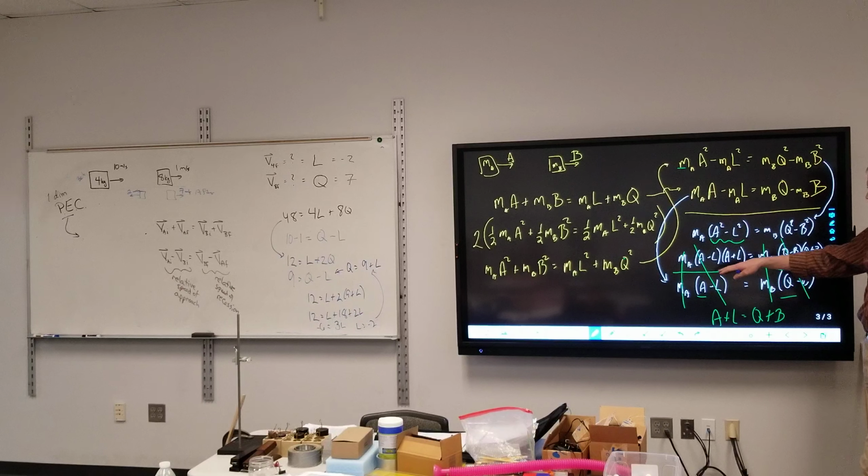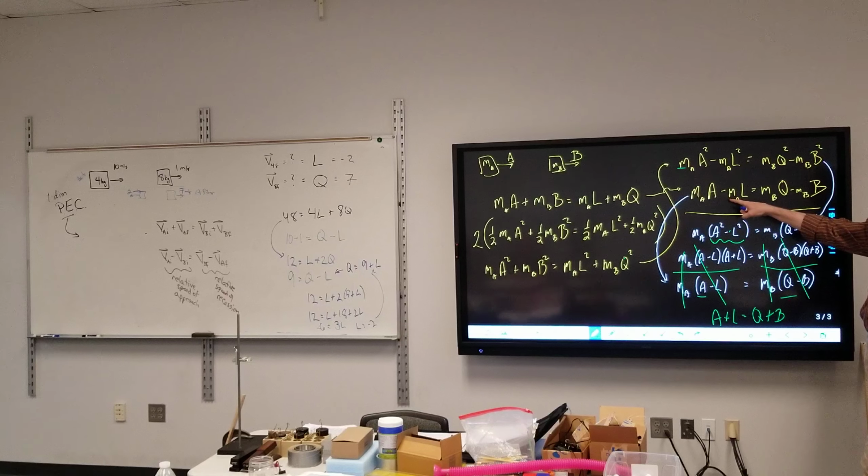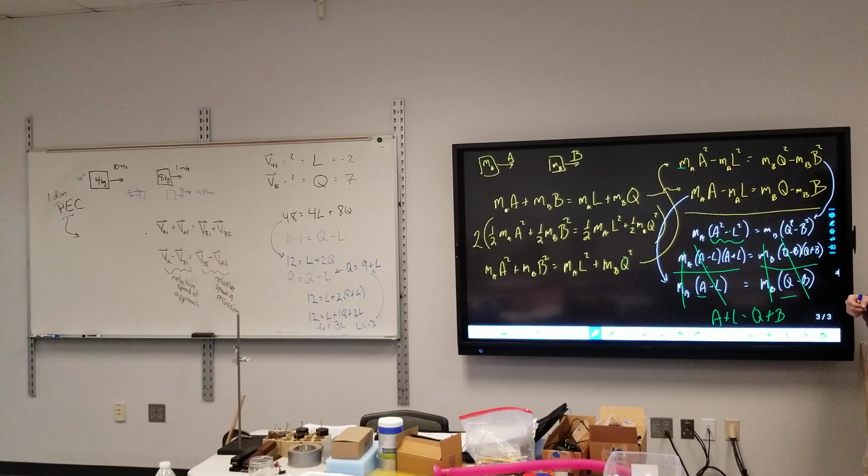If you foiled A minus L times A plus L, you would end up back with this, because the outer and inner terms cancel out. Okay, and then how did you divide it? Well, from this equation right here, I factored out NA, so I factored NA out and I'm left with A minus L here. So I really should have kept that written down.